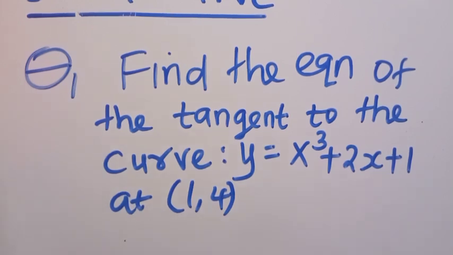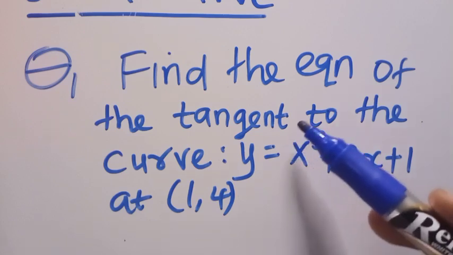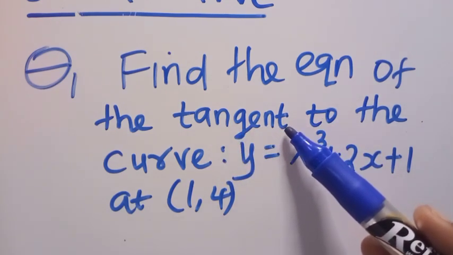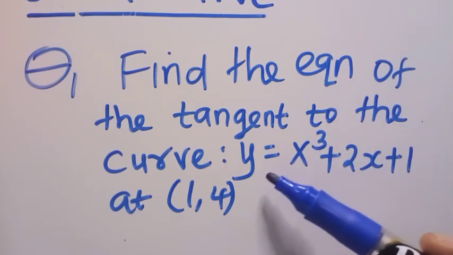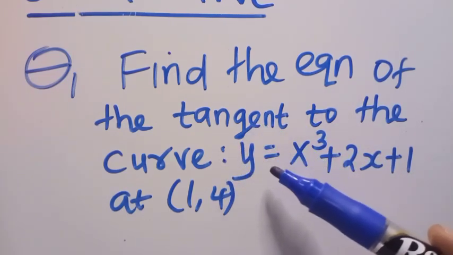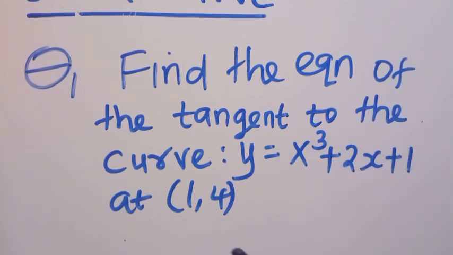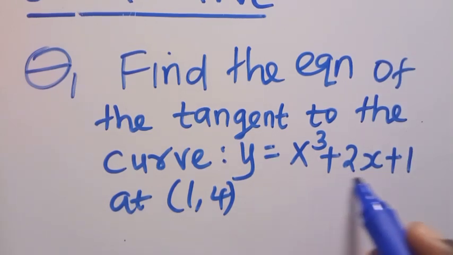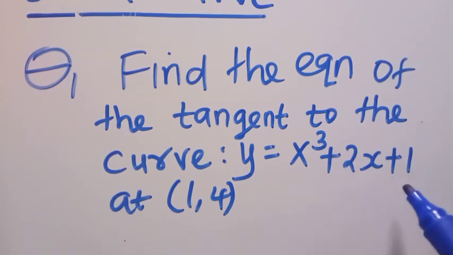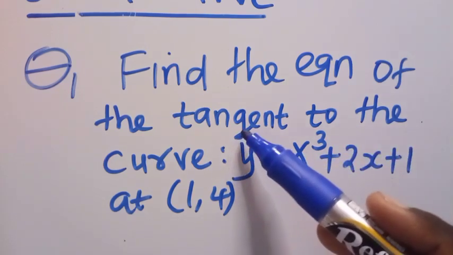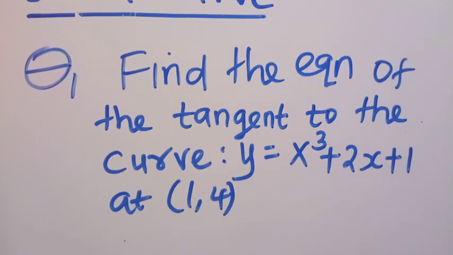The same applies here: the gradient of the tangent and the gradient of the curve are the same at a certain point. So if we find the gradient of the curve and obtain a certain value, that gradient is just the same as the gradient of the tangent to that curve.